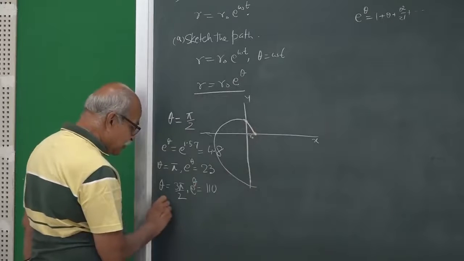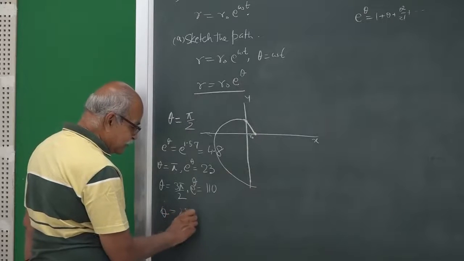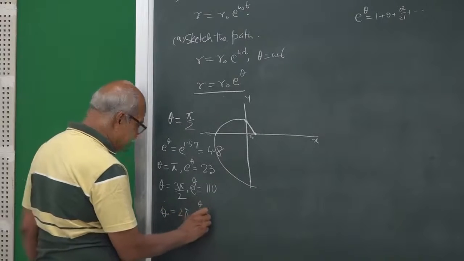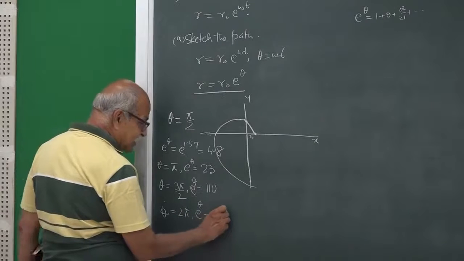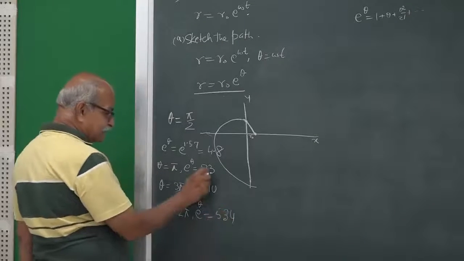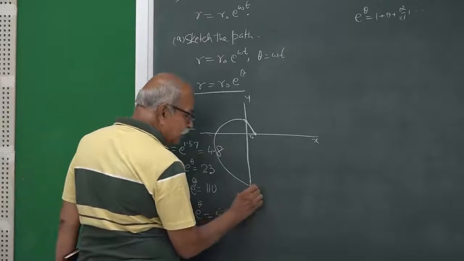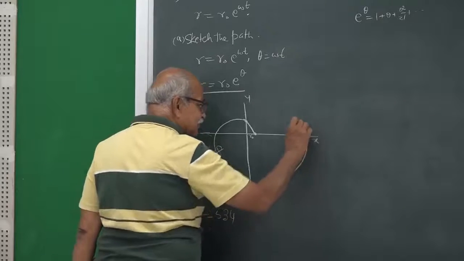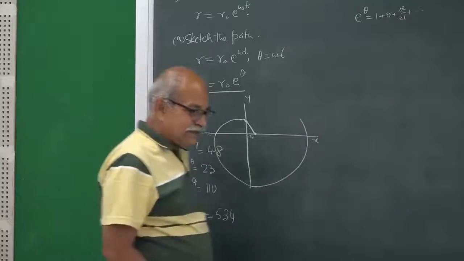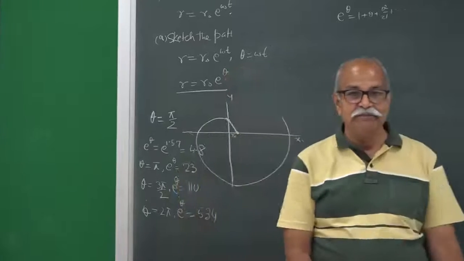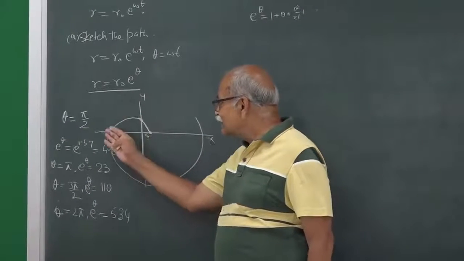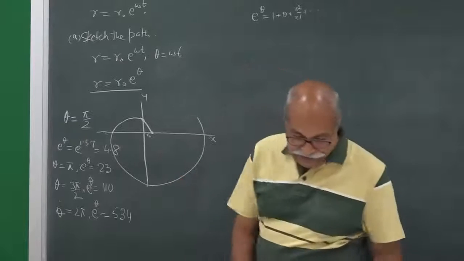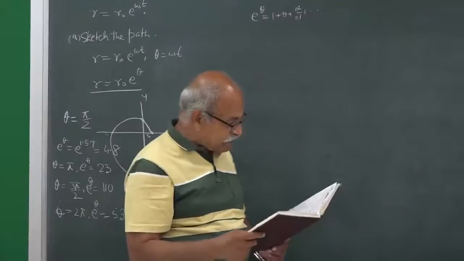When theta is 2 pi, e to the power theta will be very high, it is 534 square of this. So, it will go like this and so on. So, this kind of spiral will be there. You can draw a much better one and look at the angles, which we will be doing in the other sections anyway. So, this is part A.